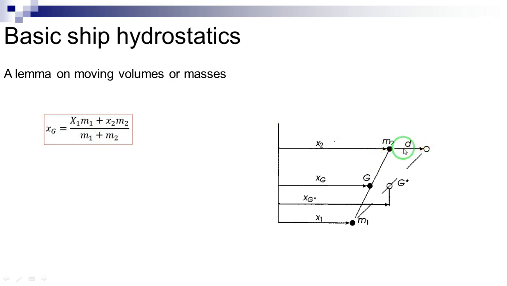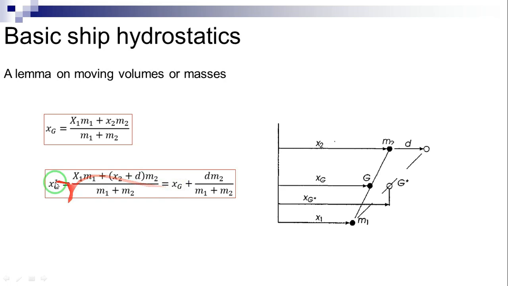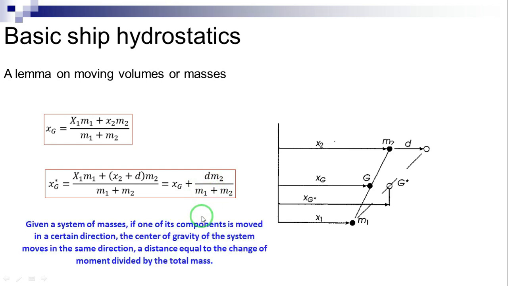The new center of gravity is g*, and its x coordinate is calculated using this equation. The product d·m2 is the change of moment caused by the translation of the mass m2. The center of gravity of the system moved a distance equal to the change of moment divided by the total mass of the system. A formal statement of this lemma is given here.